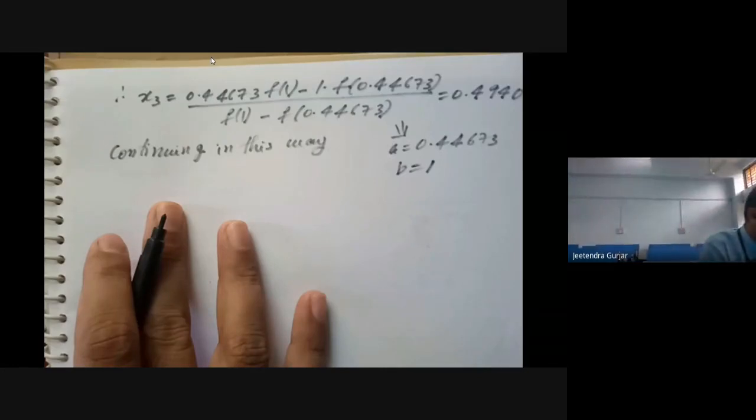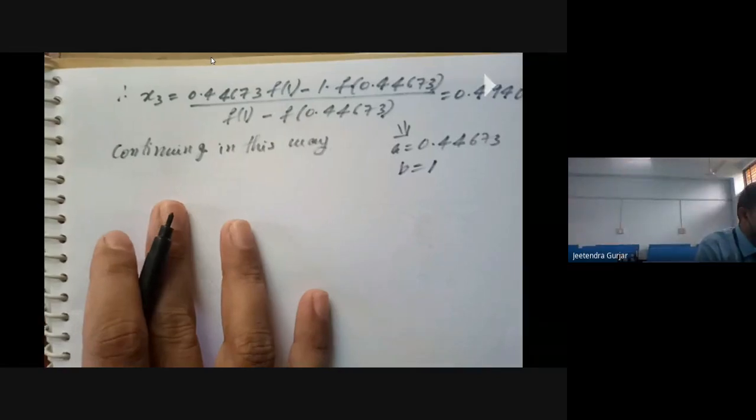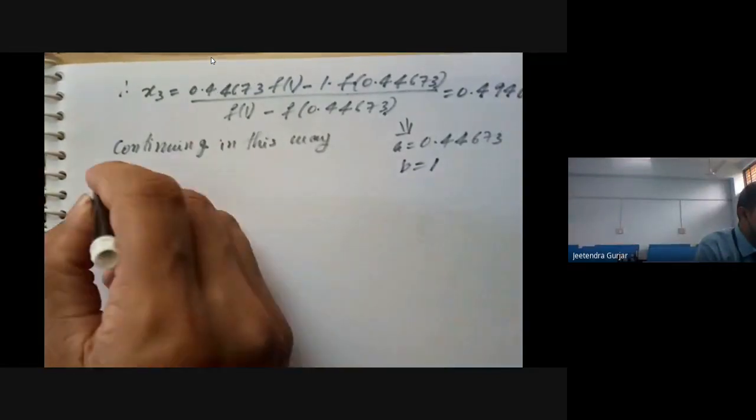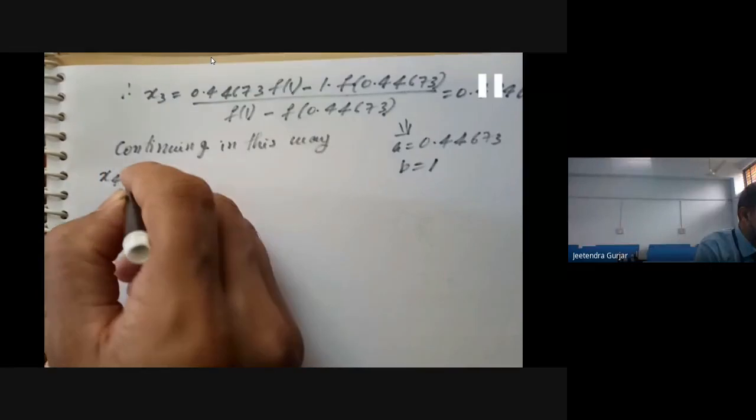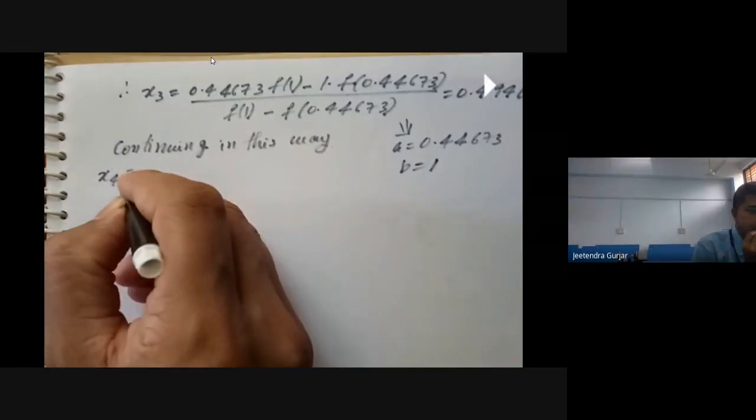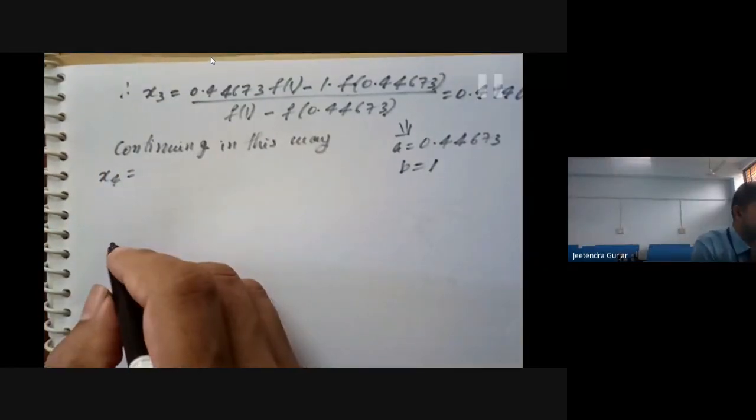Now here we have the challenge now. I will give a challenge to all the students. Can you tell me what is the value of x4? Before this, can you tell me what is the root, or we take it as A and B, when the root lies between A and B?